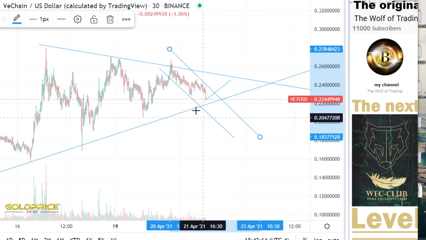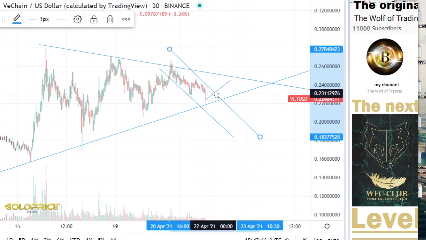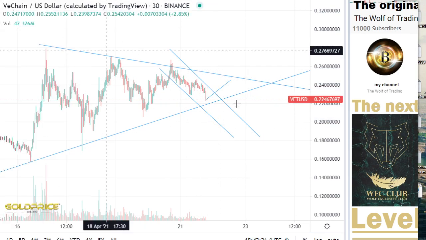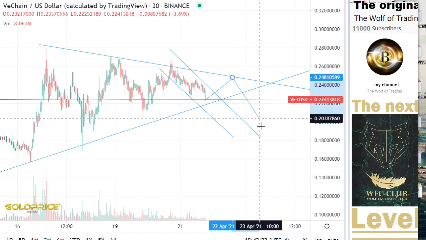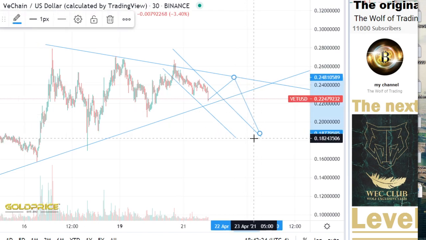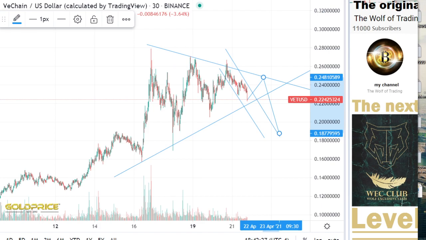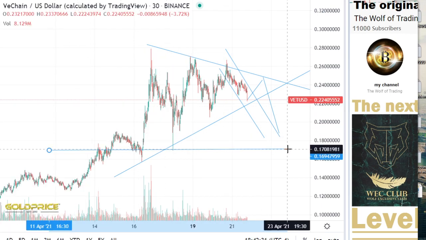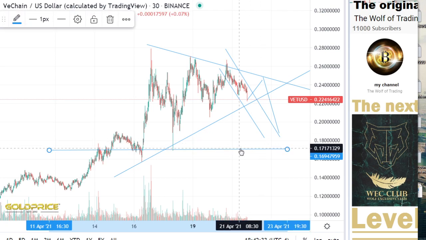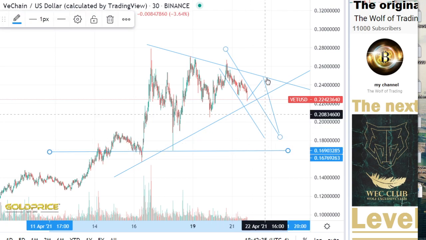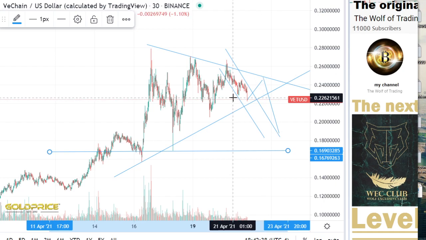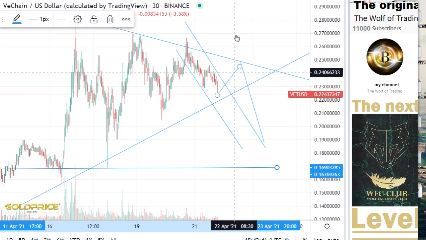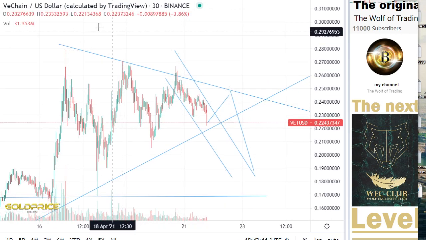This is the negative channel, and even if we move out of this negative channel, we have a theoretical fall back to these levels, because you can see the trend line or the support line is in this area, 17 cent. So at the moment I'm not so positive for VeChain.